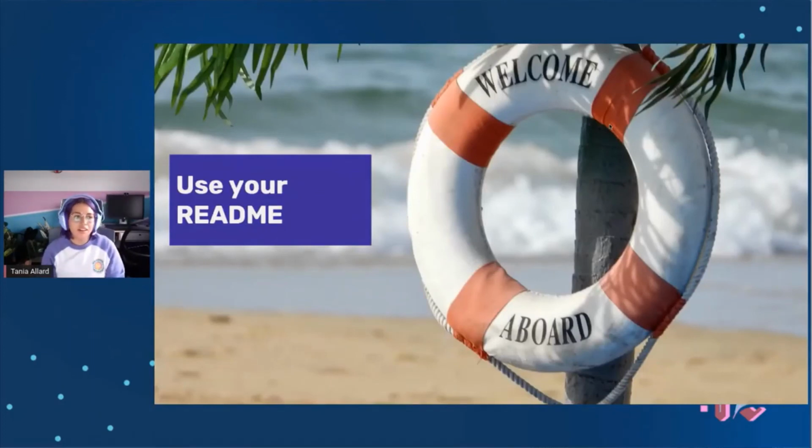So I've come to the end of my workshop, and my advice is use your README. Use it to help onboard and help all your users to choose and design their path within your community and your project.